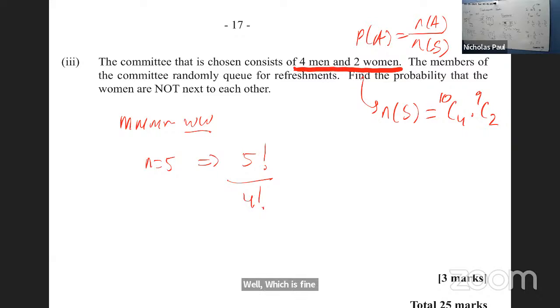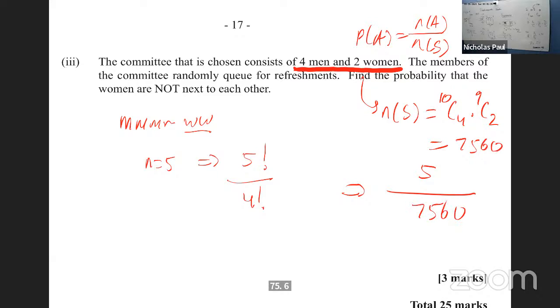So you only have 5 arrangements. Can you switch the women around? It doesn't matter, they didn't specify which one is in front. So that's only 5. So the probability is 5 over 10C4 times 9C2, which is 75. So it's 5 over 75.